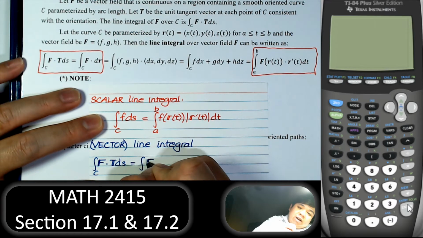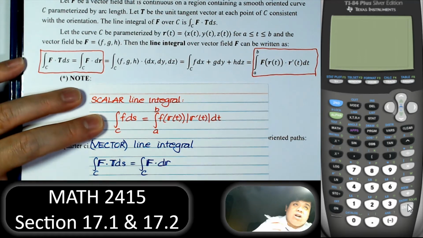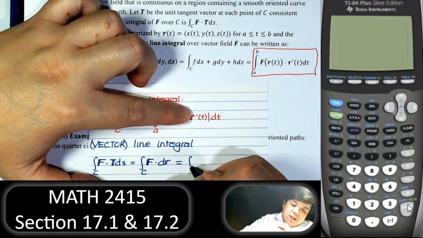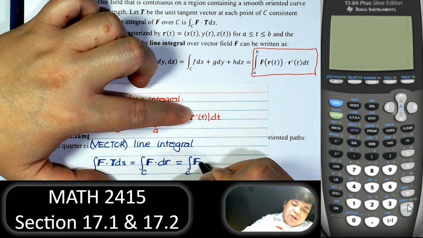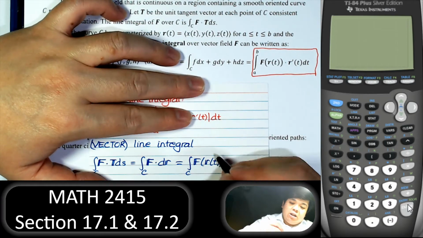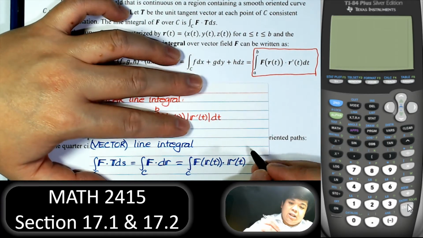Or we have the vector field F dot with dr on the curve C. Or if we parameterize, we write F in terms of t, then dot product with r prime of t dt.